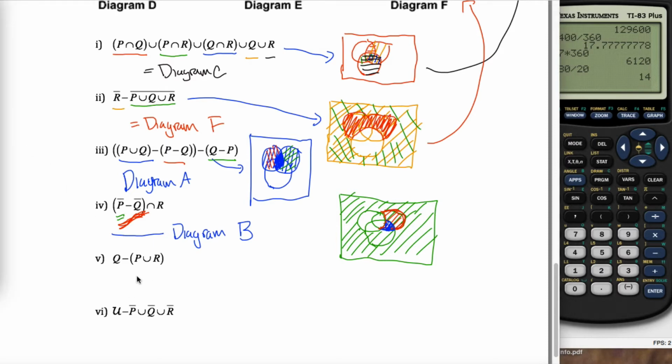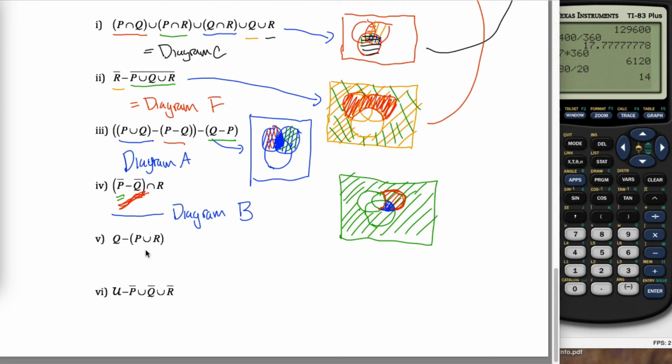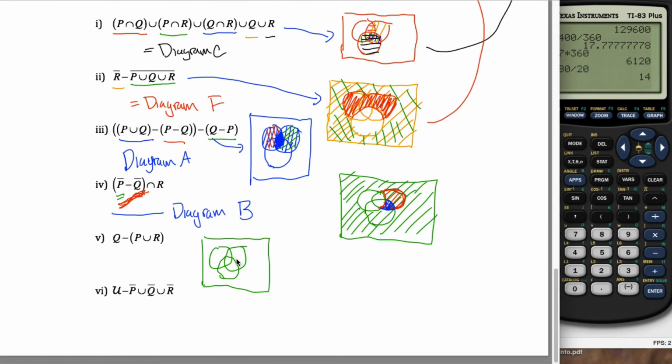Okay, a couple left. I guess I could do either one of these two, and then process of elimination would tell me the other one. I'll do this guy here. Q is what I'm starting out with, and Q is the one in the top right, so that's this circle right here.